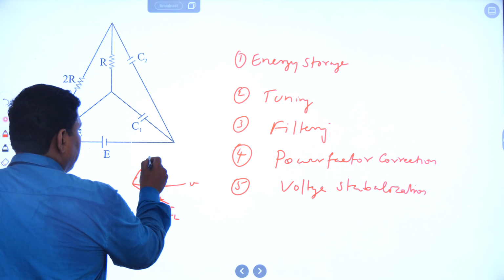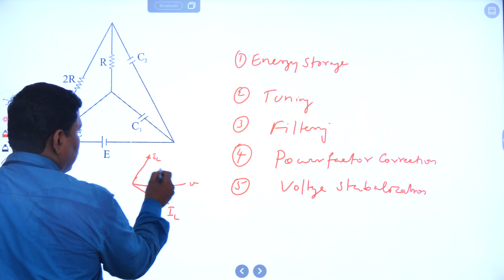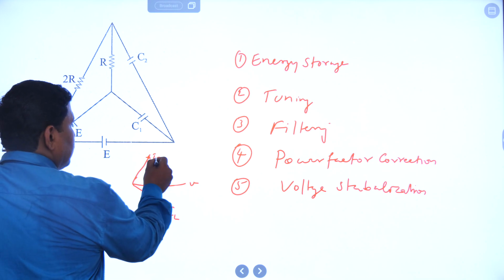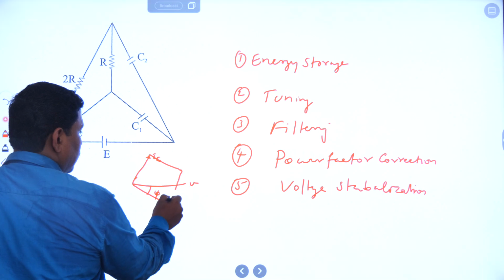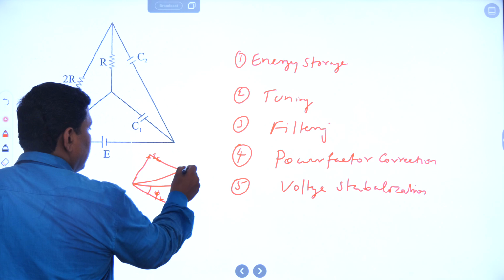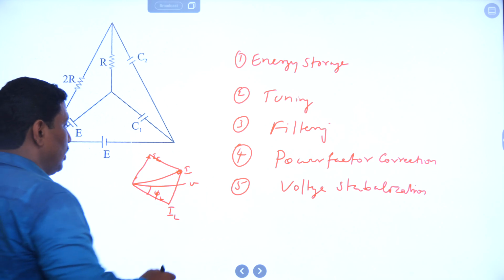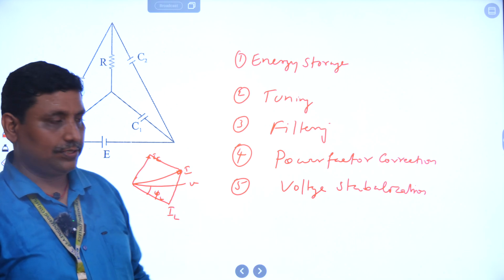So this is IL, sorry, IC. This is IC. So the resultant component of the current, this is the resultant current. So the power factor value is also improved. Why? Because the angle difference between the voltage and current is decreased.